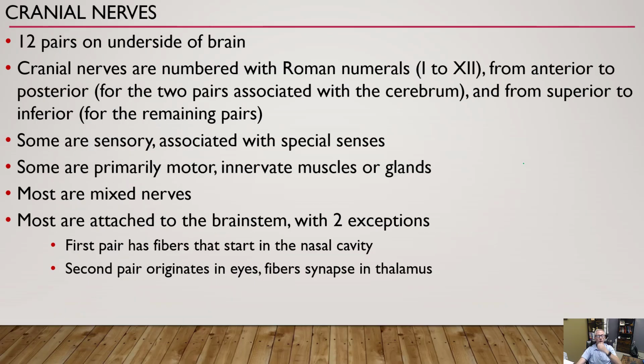All right, so cranial nerves. We have 12 pairs of cranial nerves. We label them from 1 to 12. We use Roman numerals, so you have to know your Roman numerals.